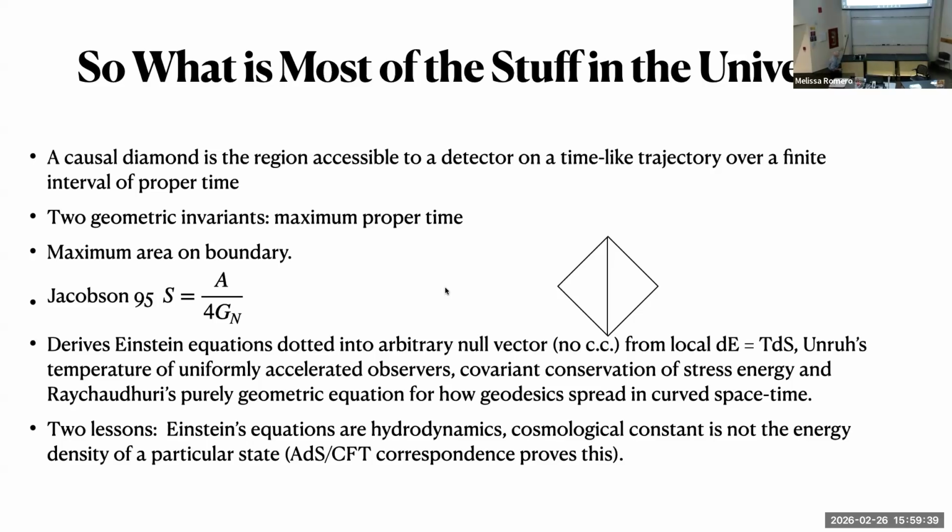Okay? There's an entropy equal to the area over 4G Newton. So this was the Bekenstein-Hawking law for black holes.